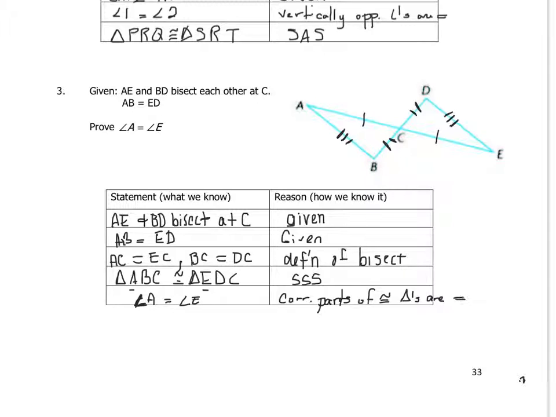So corresponding parts of congruent triangles are congruent. When I was in school, we used to abbreviate that as CPCTC: congruent, triangle, congruent. So if you don't want to write all that out and you write CPCTC, I'll know what you mean.